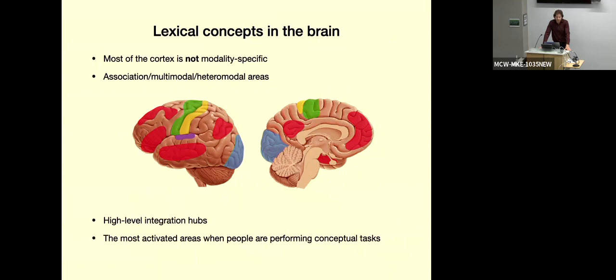They are, say, at the top of the hierarchy. If you think of the modality-specific areas as being at the bottom, then you have association areas on top of it, and these default mode network areas are the top of the hierarchy, the most distantly connected from the sensory motor areas. And so they encode information at the highest level of abstraction.